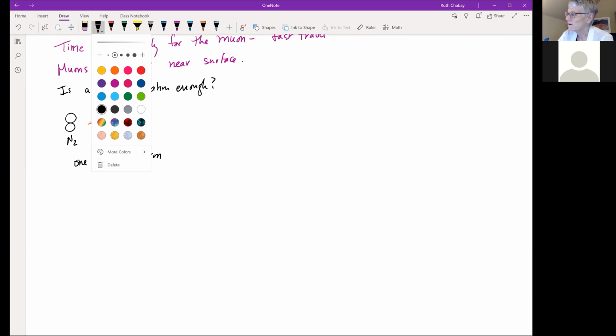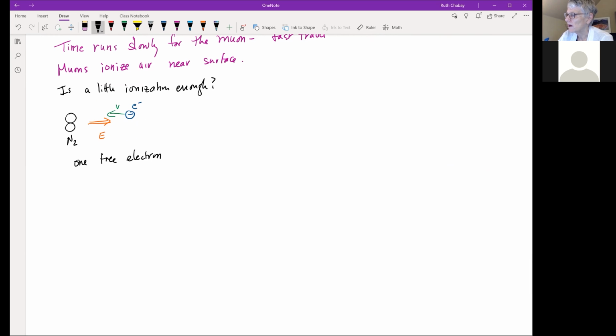this electron starts to gain energy. It collides with this N2. And now what we've got is a positive N2 plus.